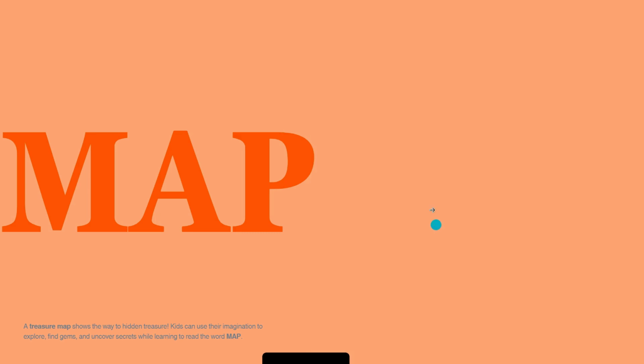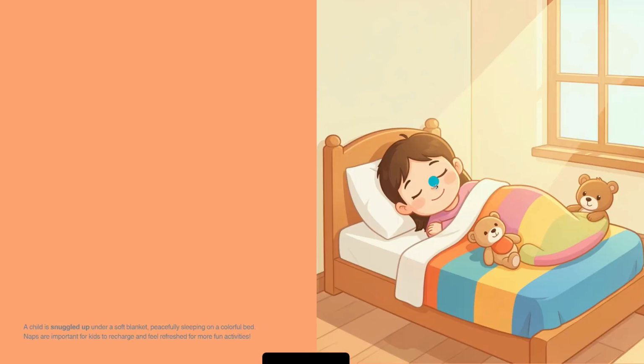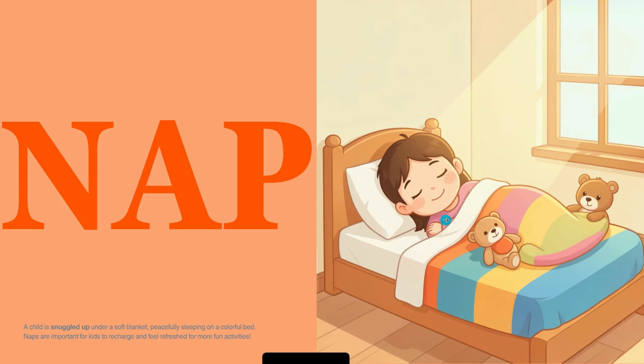Next word, what is she doing? So, the girl is taking a nap. So, nap. N, the sound of N. N, a, and p. So the word is nap.